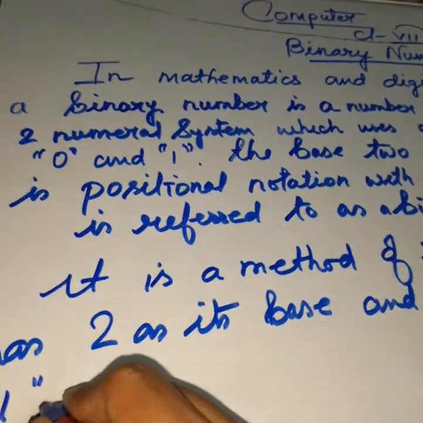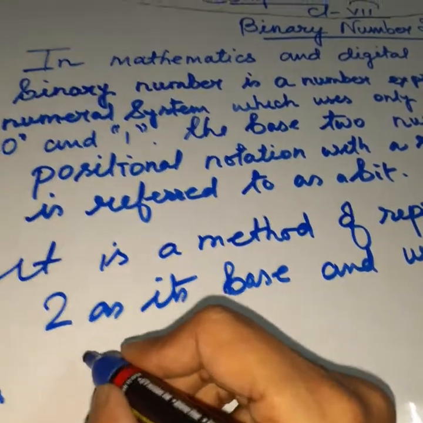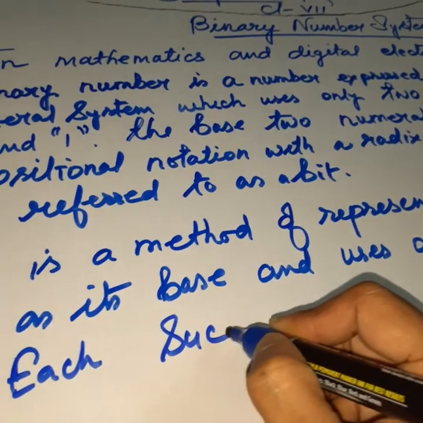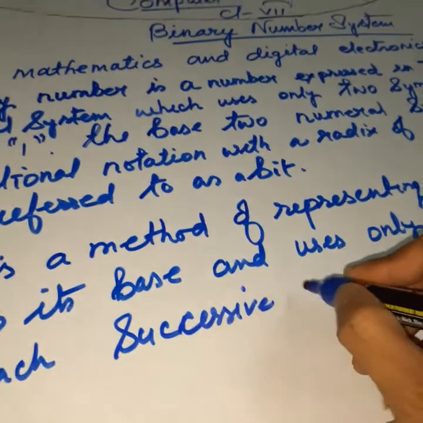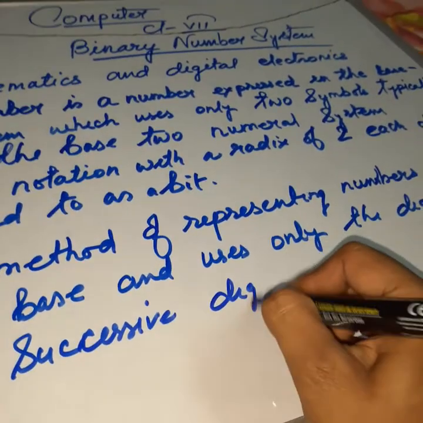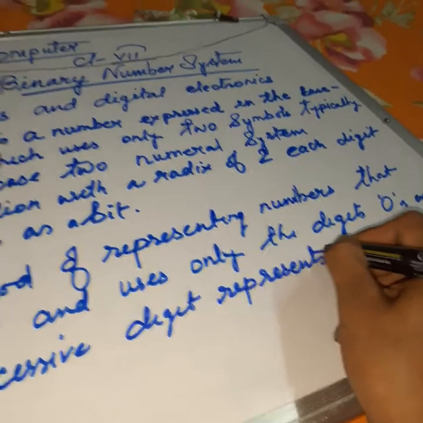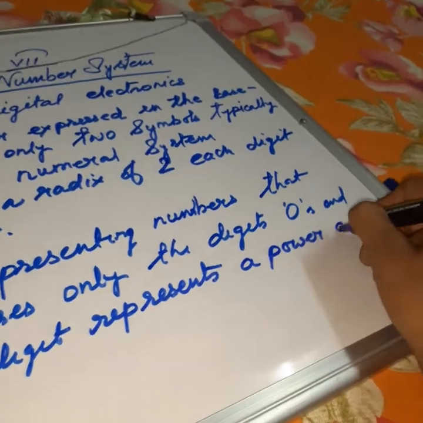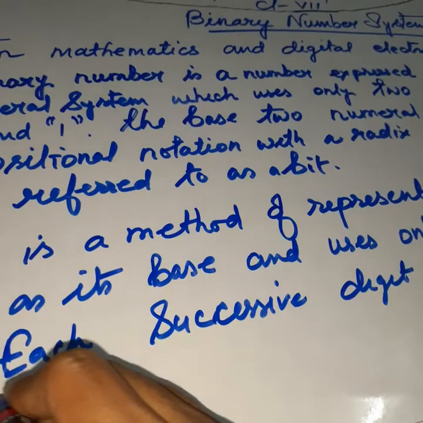Now we understand that in the binary system only two digits are used, zeros and ones. Each successive digit represents a power of 2.